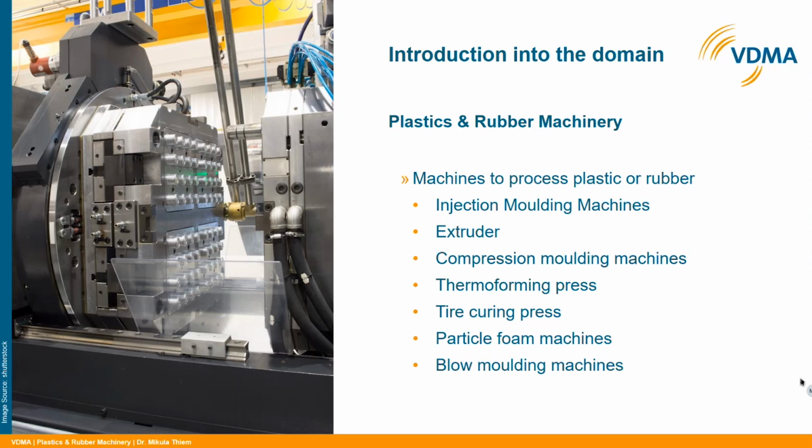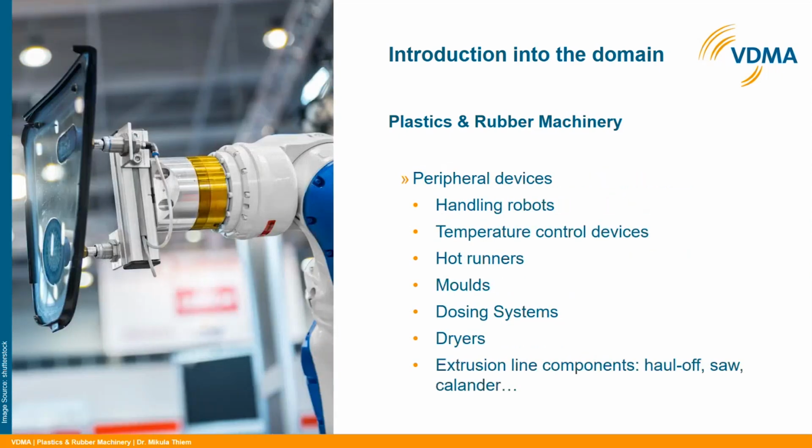The second group in this domain is the peripheral devices who interact with a production machine. And this is what you can see here. The peripheral devices are mostly attached to the machine itself or near the machine and interact with the machine during the production process.